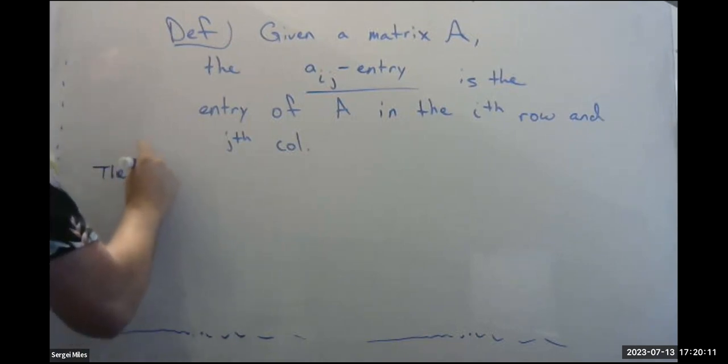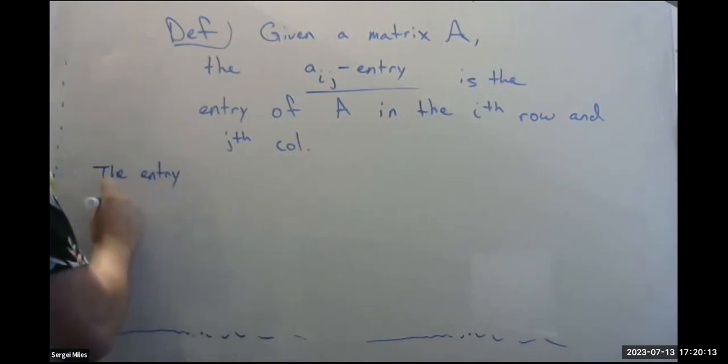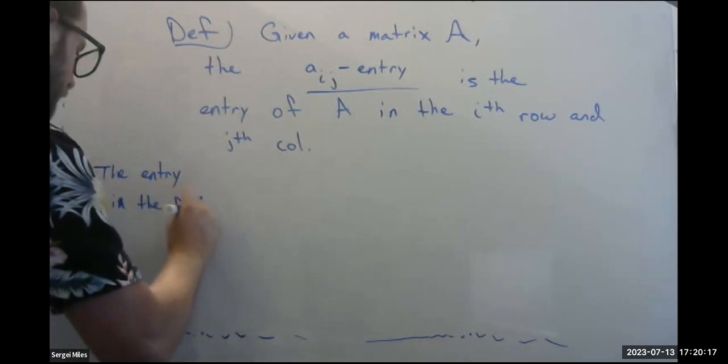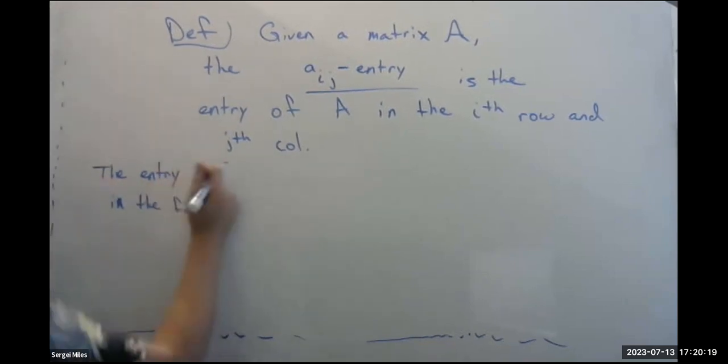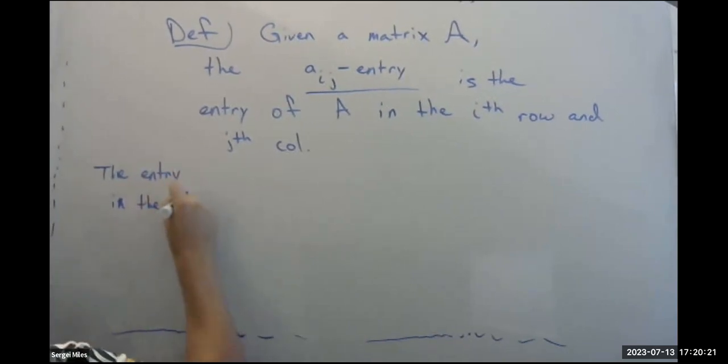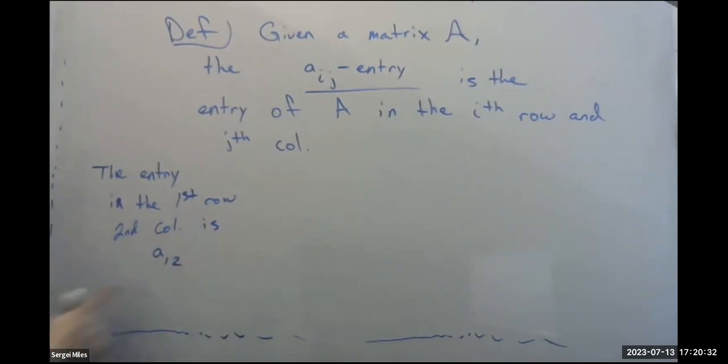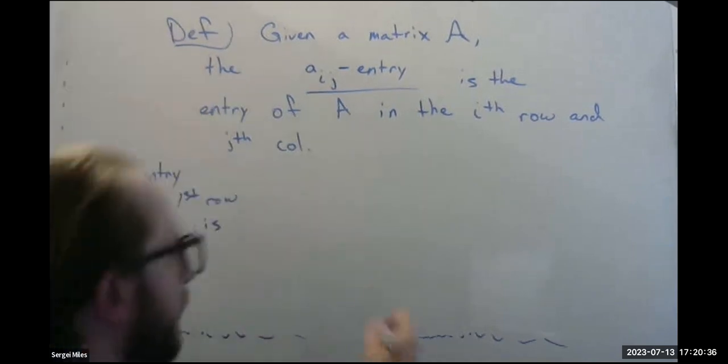The entry in the first row, second column is A sub 1, 2. First row, second column.